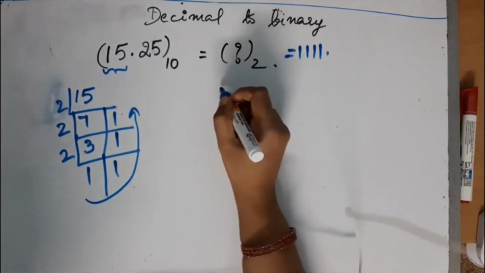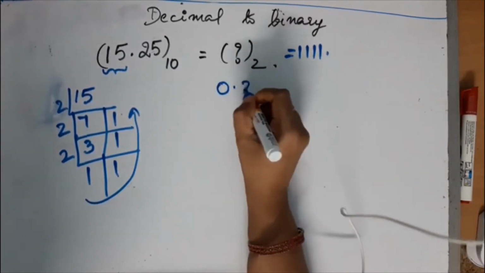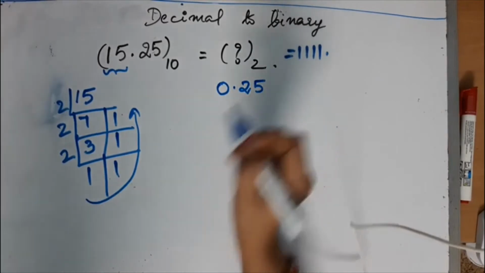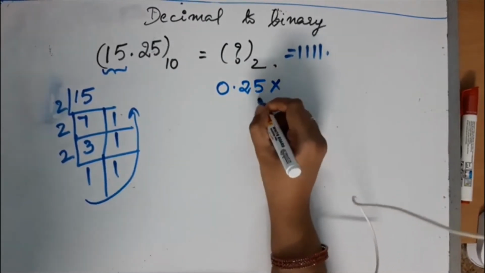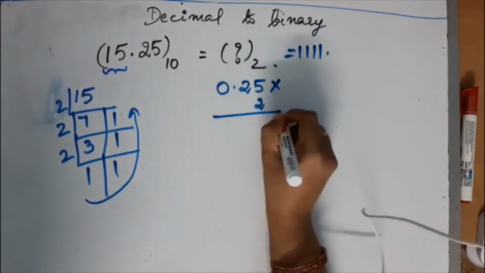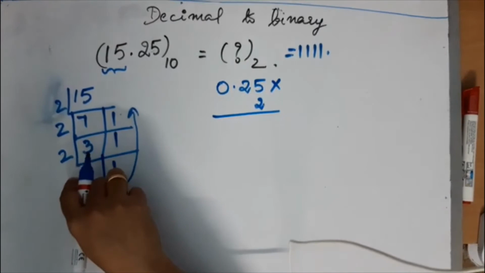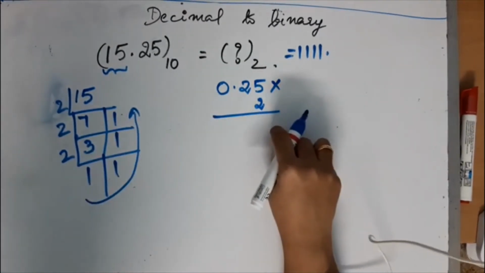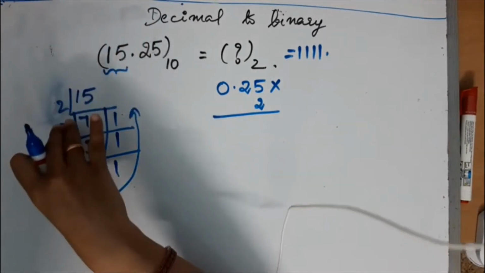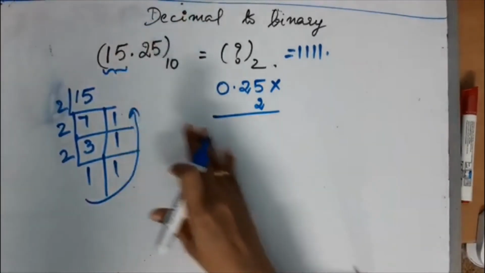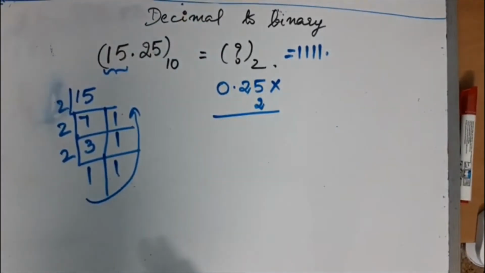So coming to the fraction part, 0.25, here what we will do is, we will multiply it with the base. Here we divided, here we multiplied. This part we will be dividing with the base, this part we will be multiplying with the base.